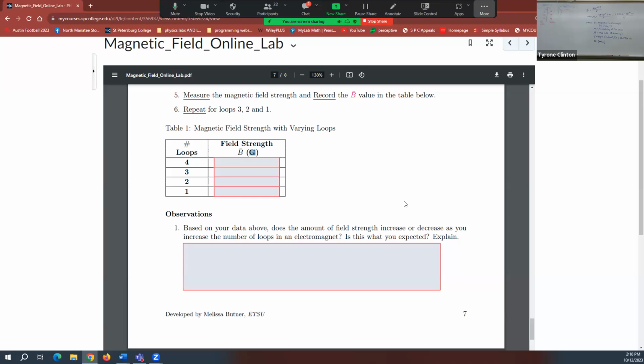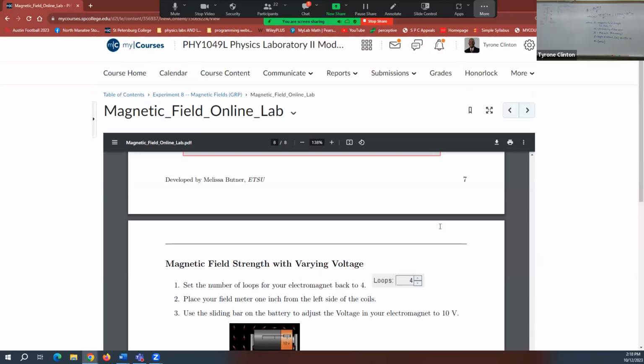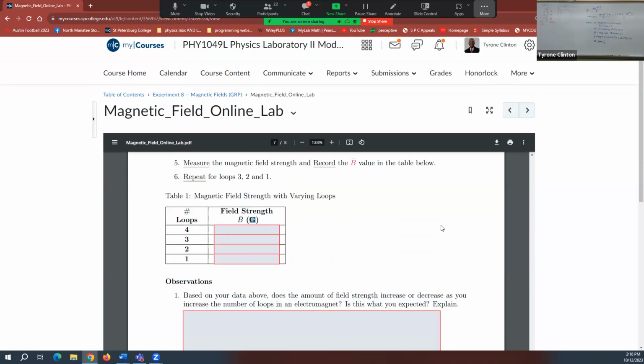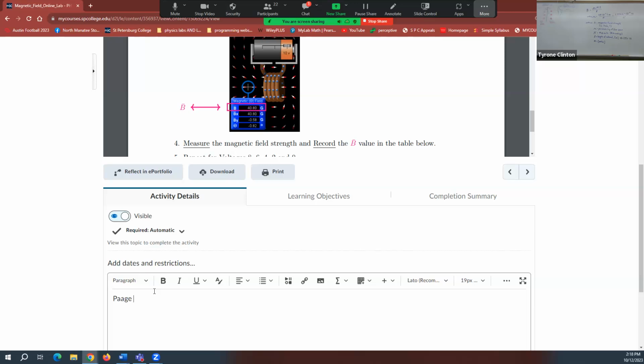That should be units of Tesla, T. So let's put that in the notes down below. Page 7, table 1. Units are Tesla.